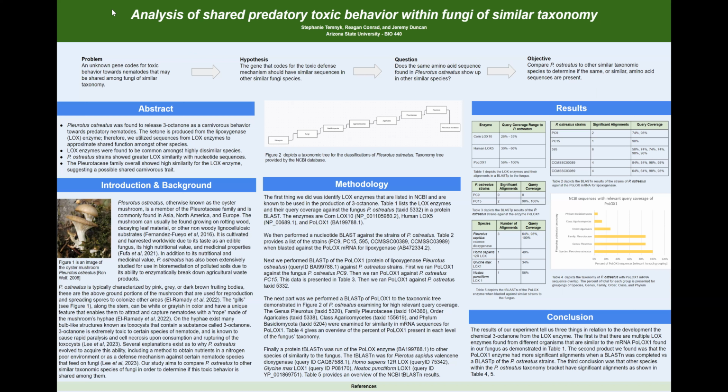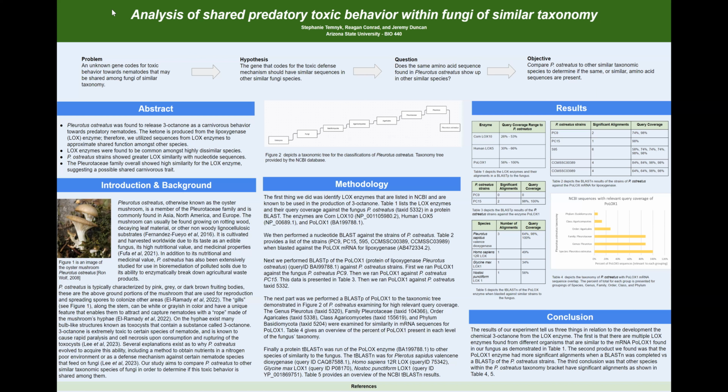So the results from our experiments tell us 3 things as they relate to the chemical 3-octanone, which is a result of the LOX enzyme. The first is that there are multiple LOX enzymes found in different organisms that are similar to our organism. They have similar mRNA, the similar mRNA POLX1 found in our fungus, as demonstrated in table 1.